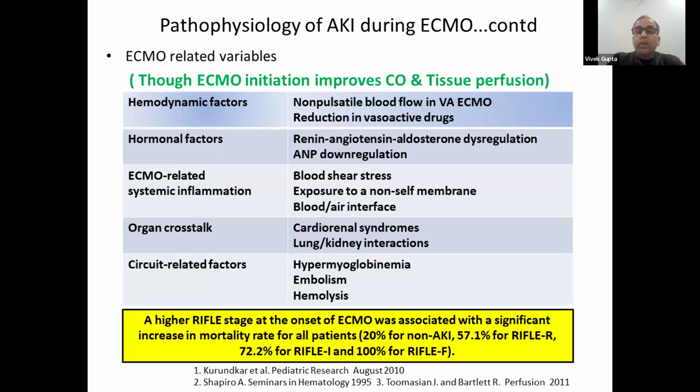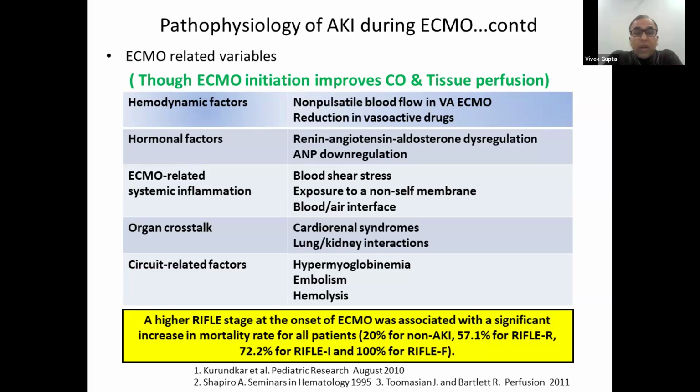Besides this, there are several ECMO variables which can worsen the kidney injury, or lead to acute kidney injury. When we talk about VA ECMO, non-pulsatile flow compromises the renal perfusion, and when we suddenly reduce the vasoactive drugs, that again contributes to a sudden drop in the hemodynamics, and that also alters the renal perfusion, drops the urine output and leads to acute kidney injury.